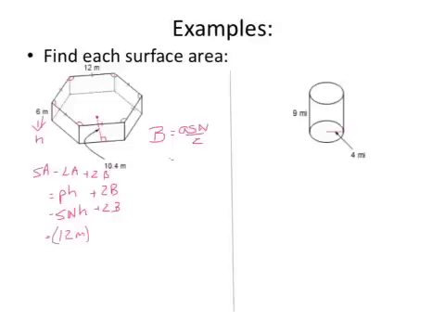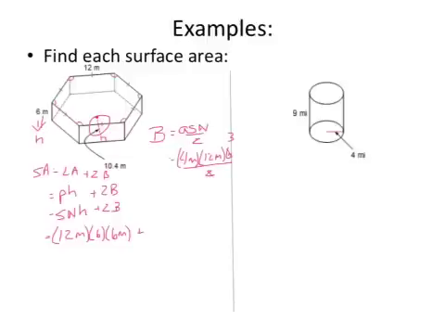Times my number of sides, which is 6, times my height, which is 6 meters, plus 2 times the area of my base. So now, we've been given an apothem, and that apothem looks like it's 4 meters, and my side length is 12 meters, and my number of sides is 6, over 2.